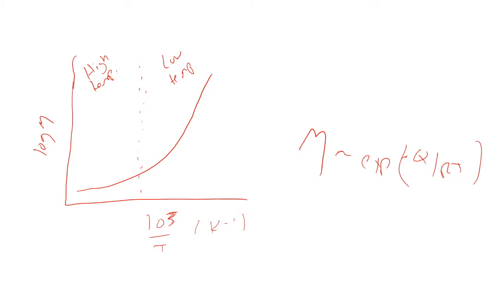Do you have a sense of why the curve looks like that? Why is there such a distinct two kind of distinct linear regions? The flow mechanism changes.